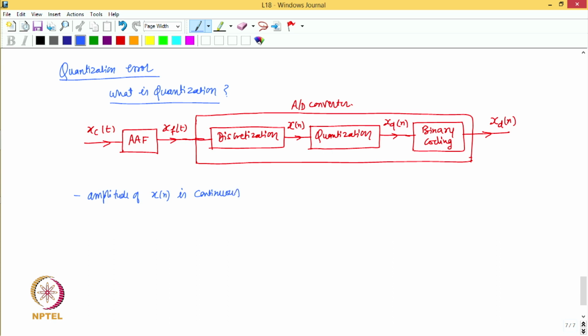So, quantization basically discretizes the amplitude of the continuous signal. The quantization process discretizes the amplitude of the signal.